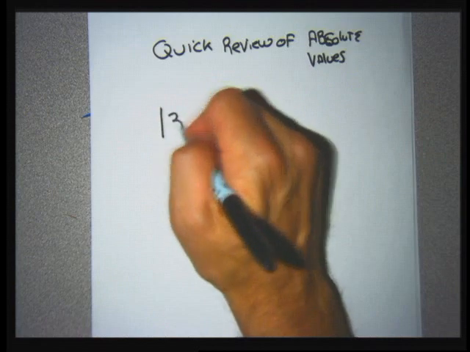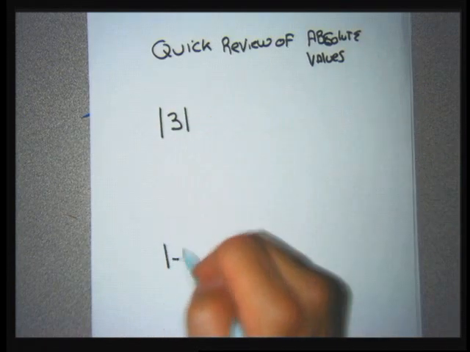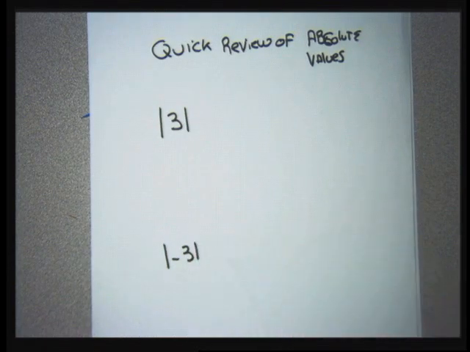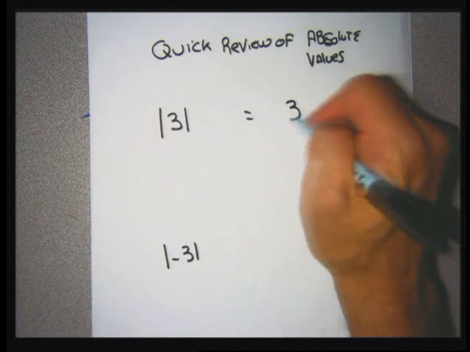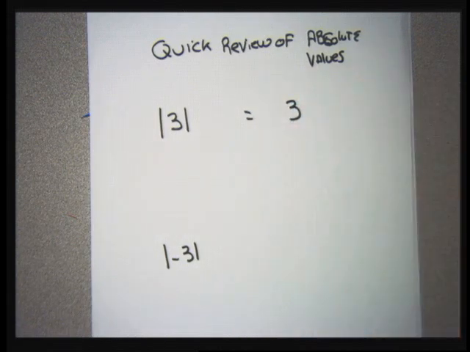So in general, if you looked at the absolute value of 3 and the absolute value of -3, I'm assuming most of you understand how to drop the absolute value signs. The absolute value of any positive number is just that number without the absolute value sign. And most of you, if you were asked to write down the absolute value of -3, you'd write 3.